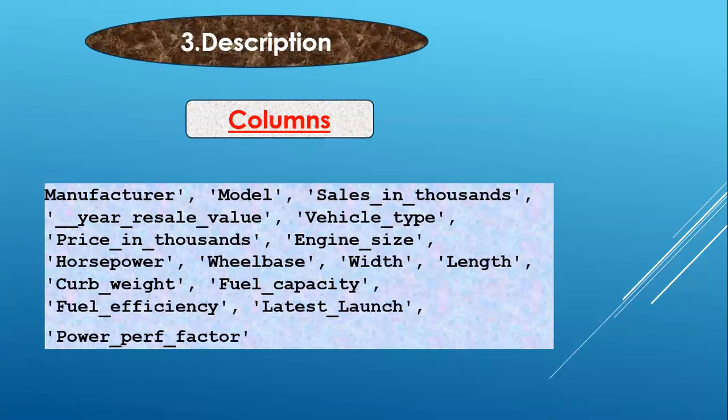These are the columns in our data set: manufacturer, model, sales in thousands, year, resale value, vehicle type, price in thousands, engine size, horsepower, wheelbase, width, length, curb weight, fuel capacity, fuel efficiency, latest launch, power, perf factor.